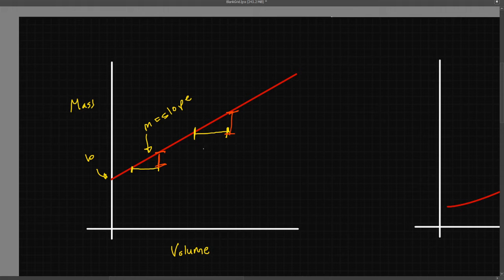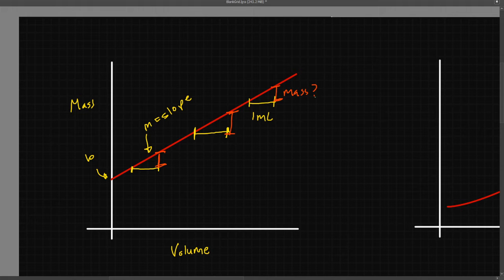If I add 1 milliliter to my liquid, how many milliliters of mass will I end up getting? And different liquids will be different. That is what the slope means there.